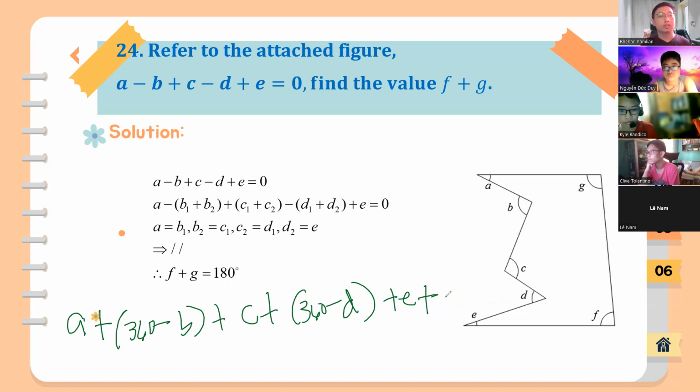Well, Kyle, may I know what's your point of doing it this way? Do you know what's the sum of the interior angles here? It might be hard for you to know the sum of the interior angles.